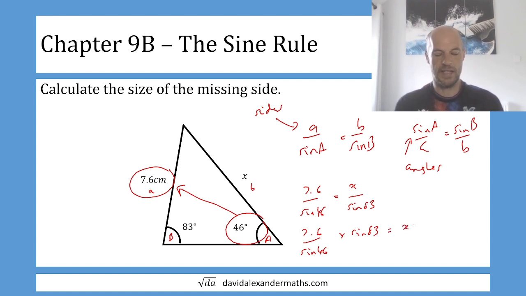So just grab the calculator. 7.6 divided by sine 46 times sine 83, x is 10.486 centimeters, and that seems fairly reasonable given that the other side is 7.6. It's opposite a bigger angle, so expect a longer side.